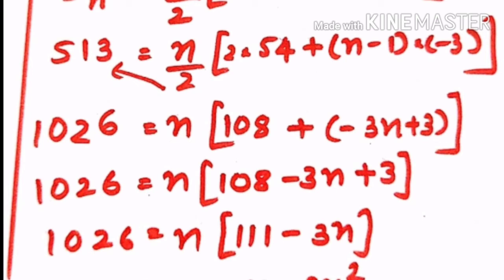Now as I have made the arrow there, 513 multiplying with 2 we get 1026 is equal to n in the bracket, 54 2s are 108 plus that minus 3 multiplying with n minus 1 we get minus 3n plus 3.